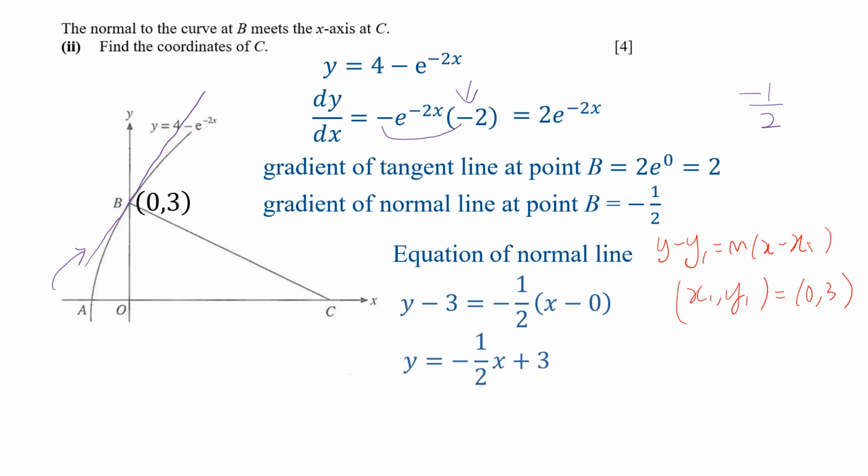So you simplify, you get the equation of the normal line to be y equals to negative half x plus 3. And if you look at this particular point, you know that the y coordinate is equals to 0. So let y equals to 0.